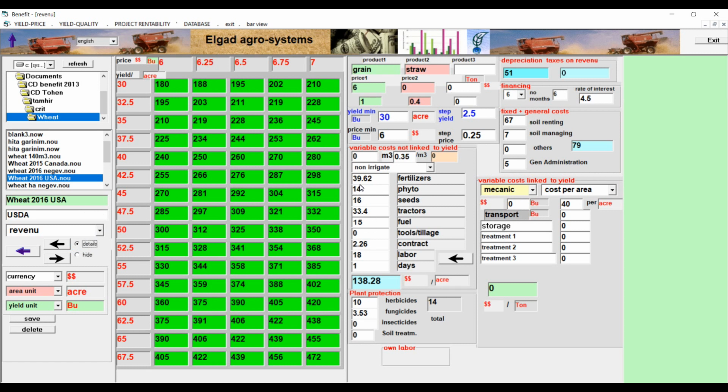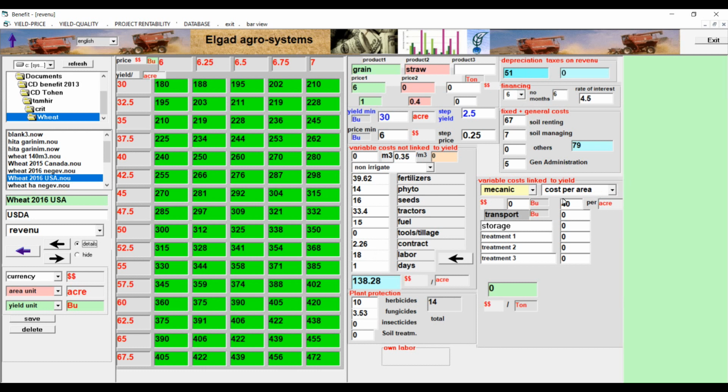Regarding the costs, I have here a rapid view of the different costs. For instance, here, not irrigated: the fertilizer costs, the plant protection costs, seeds. Here I have detail of phyto, seeds, tractor, fuel, contractor, labor, the day of the manager, and also depreciation, financing, general cost, and the harvest.